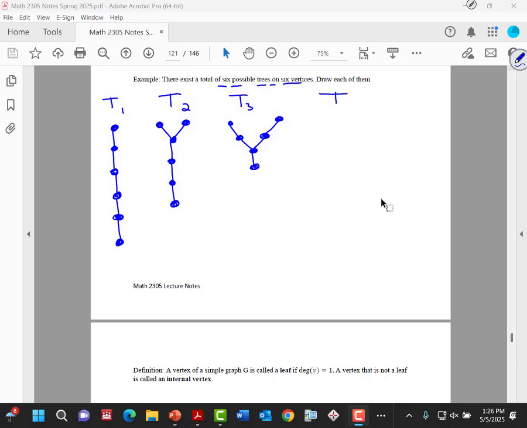T4. There are 2 more trees that exist. T5. That would look like this.